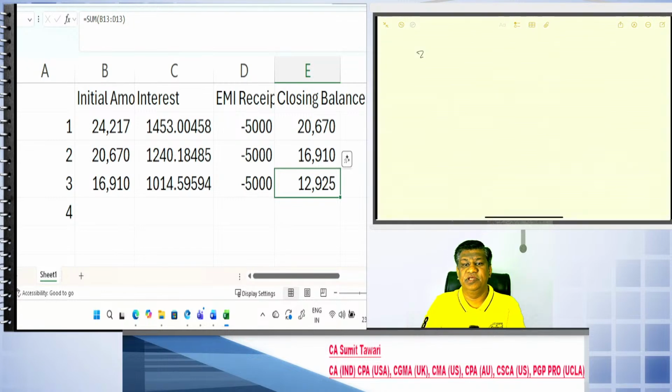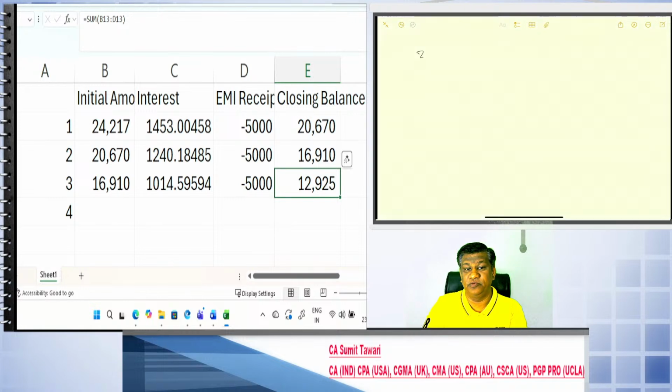Here, if you see in this table, I first calculated the discounted value of all future cash flow, and this 24217 which I considered, from the lessor side, is basically the loan given to the lessee, or the finance given to the lessee.